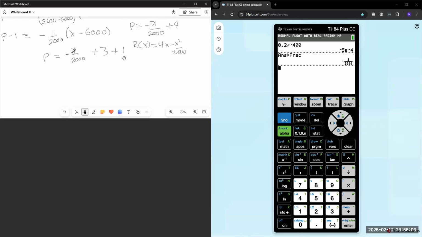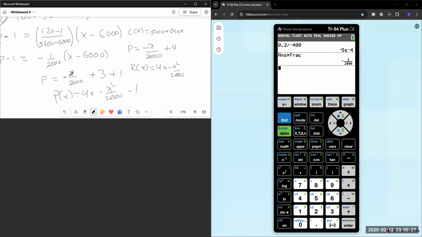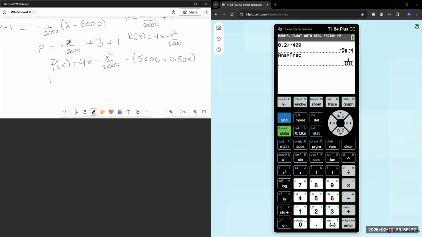So let's find that. Capital P of x is 4x minus x squared over 2,000 minus my cost function of 5,000 plus 50 cents a bottle, which is going to give me capital P of x is 3.5x minus x squared over 2,000 minus 5,000.